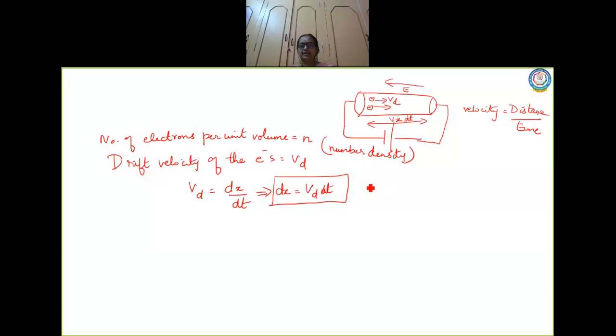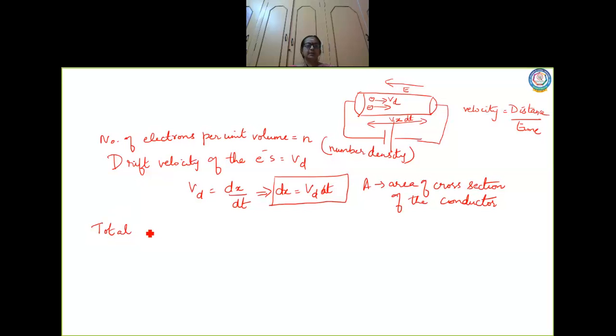And of course A is the area of cross section of the conductor.